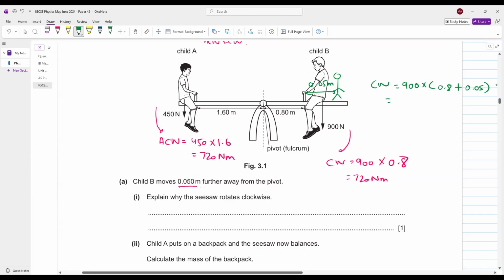The clockwise moment comes out to be 765 Newton meter. Can you realize that the clockwise moment is much greater compared to the anti-clockwise moment?